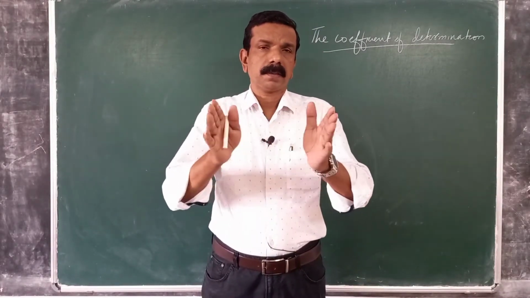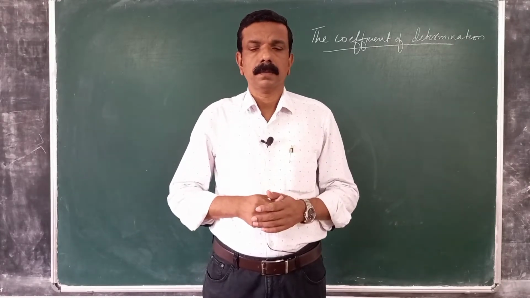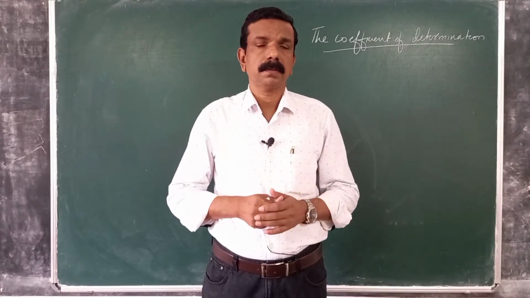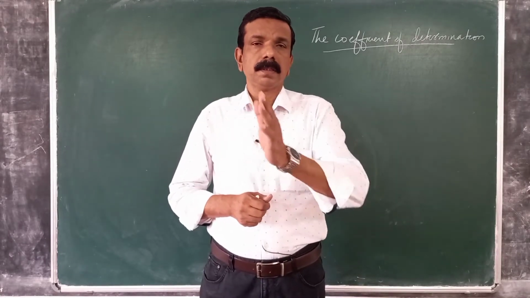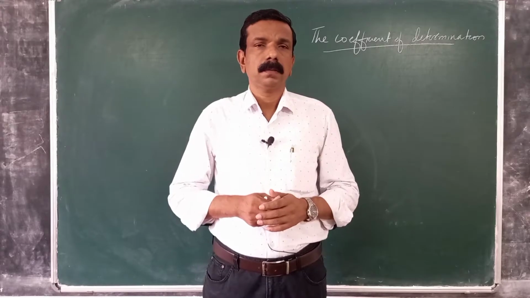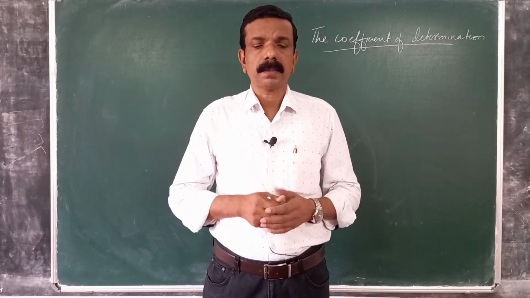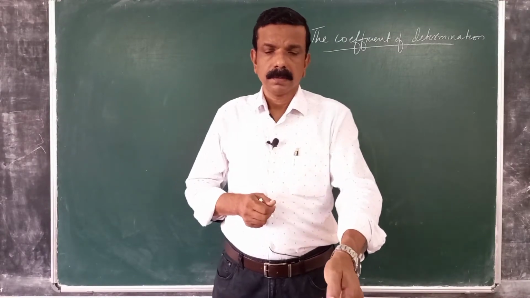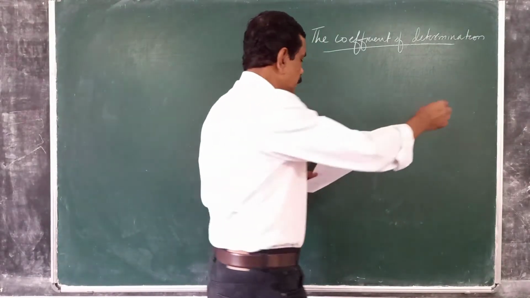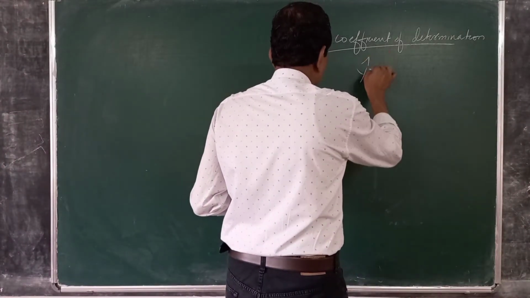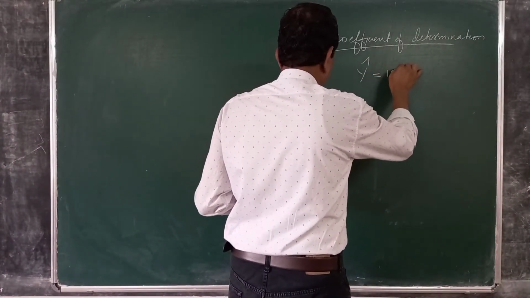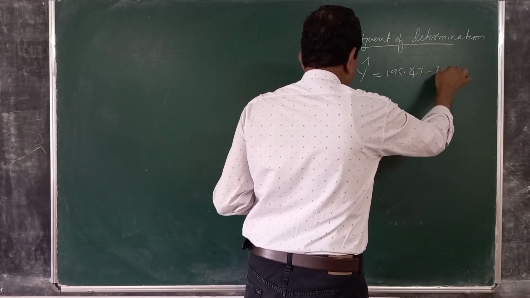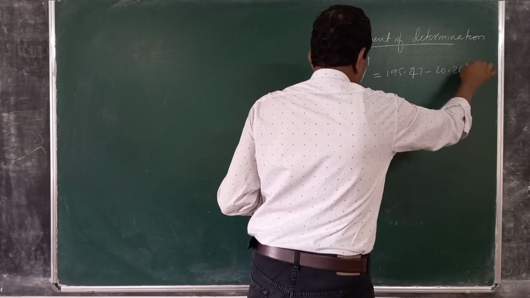In the previous class, we have discussed how to estimate a simple linear regression model, and we have also introduced an example. Using data, the estimated regression line was y hat equals 195.47 minus 2.26x.